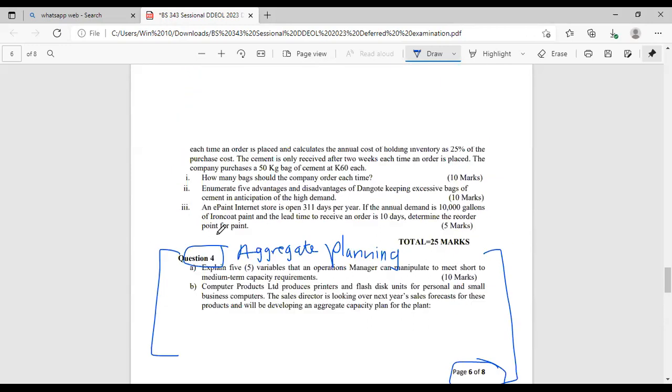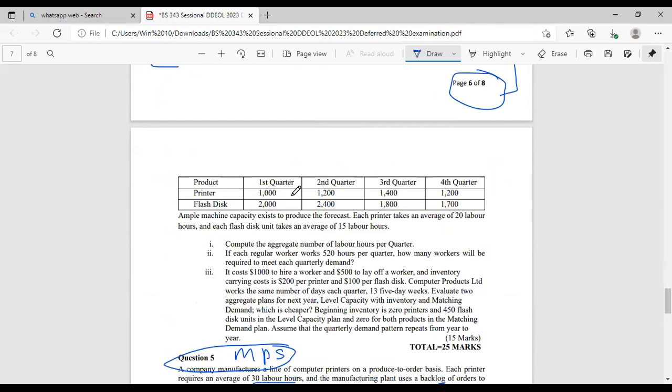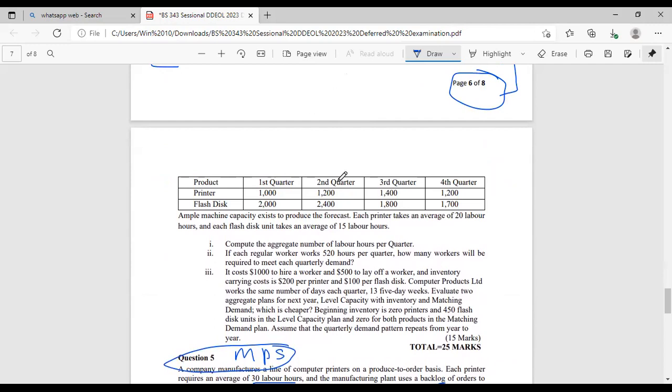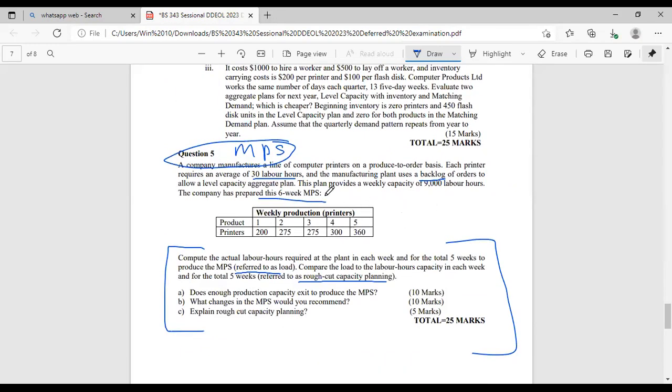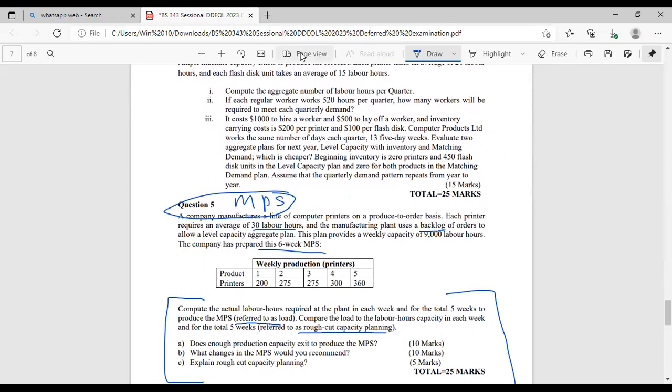We can now get down to the other topic altogether, the last one for now, which is aggregate planning. Under MPS, we have sorted out question number 5.